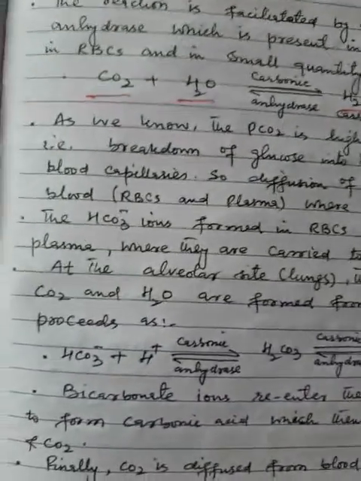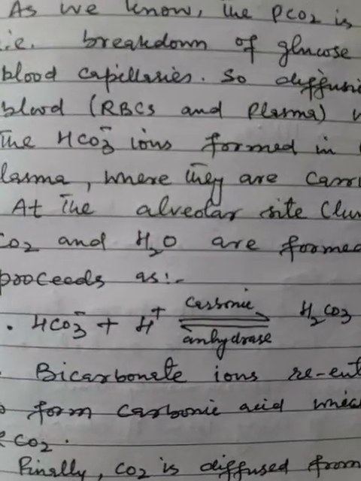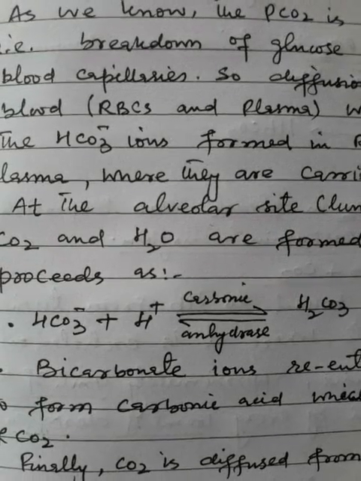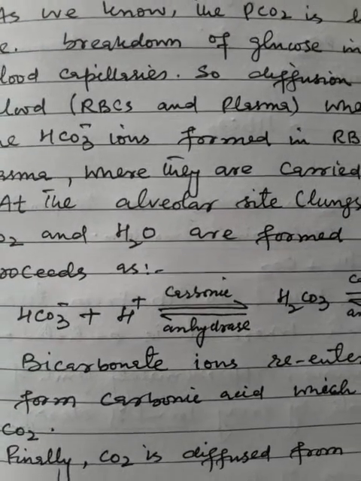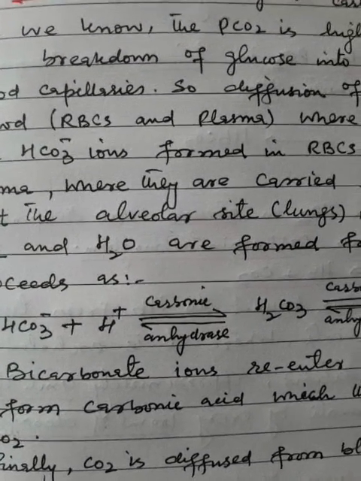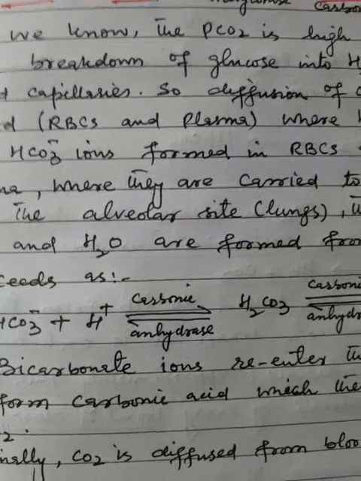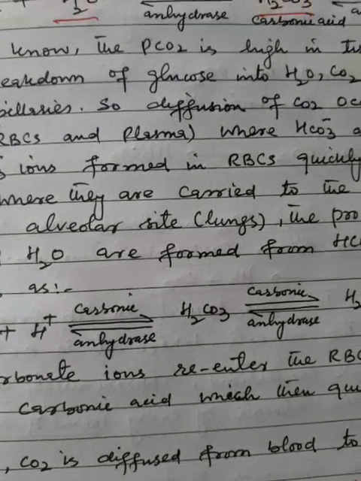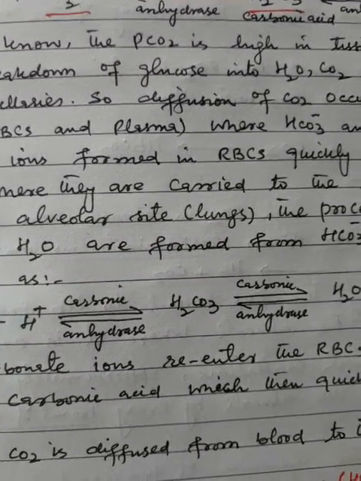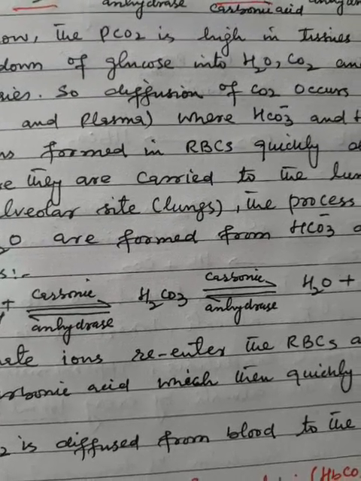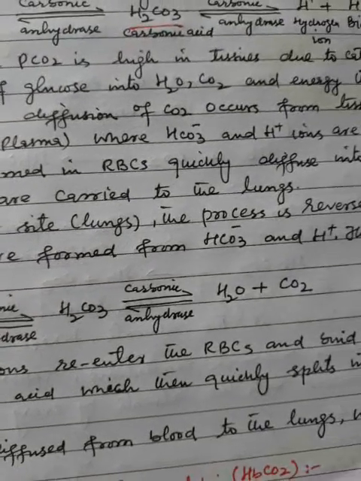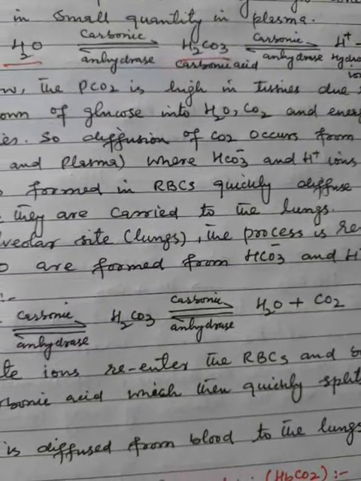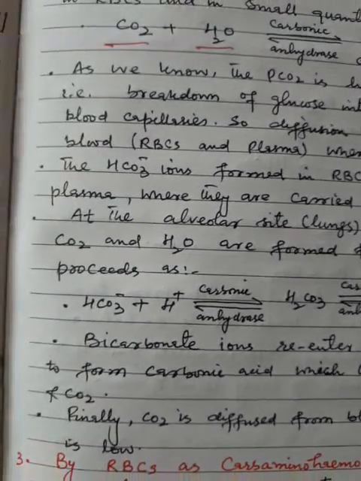The reaction proceeds as bicarbonate, that is hydrogen carbonate, plus H positive ions, in the presence of carbonic anhydrase, produces H2CO3, that is carbonic acid. Further, in the presence of carbonic anhydrase, it dissociates into H2O and CO2.